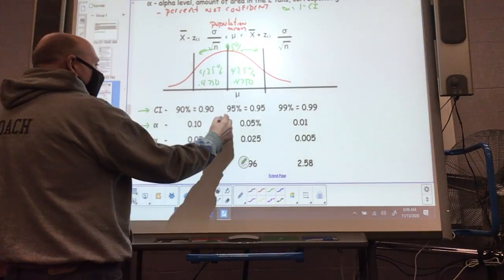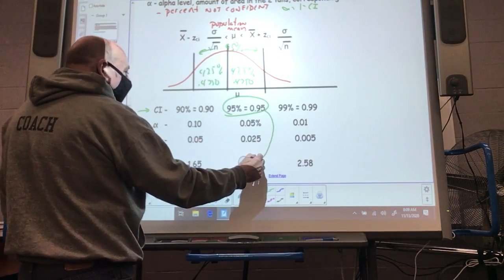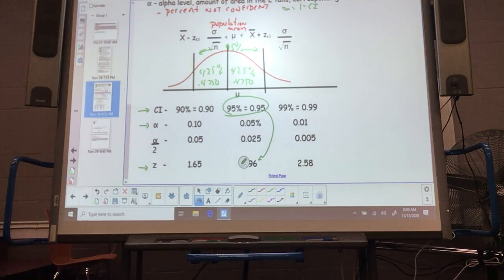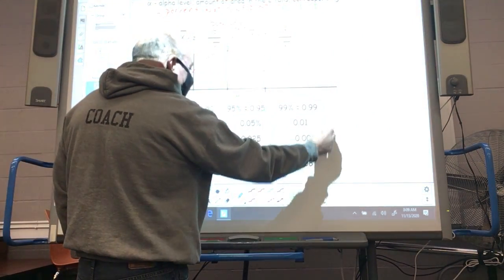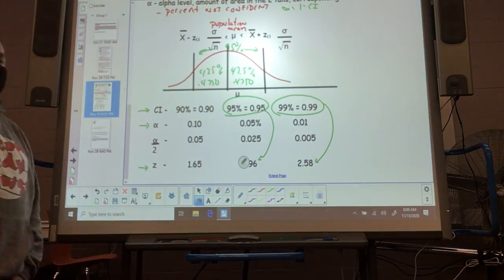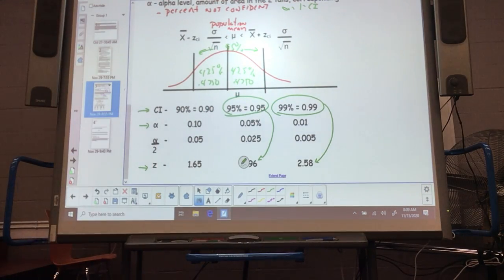If I have a 95% confidence interval, the z-value I'm going to use is 1.96. And if I have a 99% confidence interval, my z-value is 2.58. You do not need to memorize these. You can pull these off the table. You do not have to do a bell-shaped curve and find a z-value each and every time. You can go to this table and use these values.